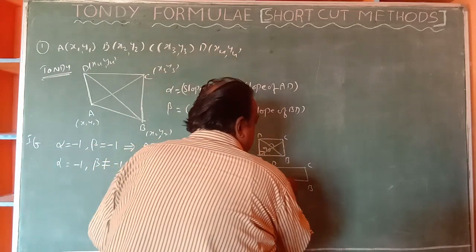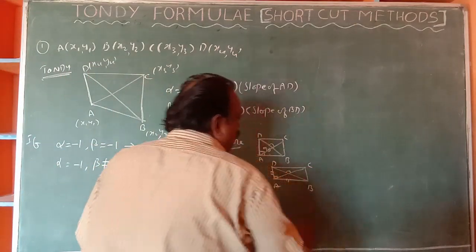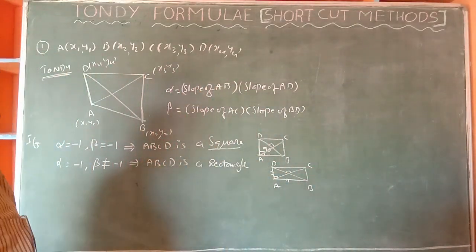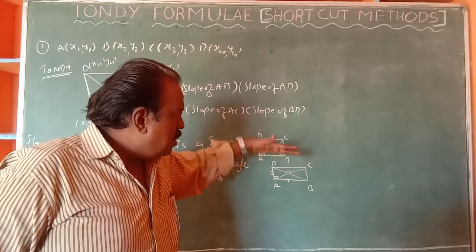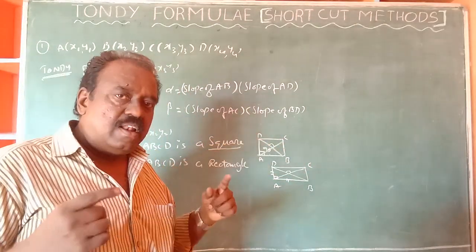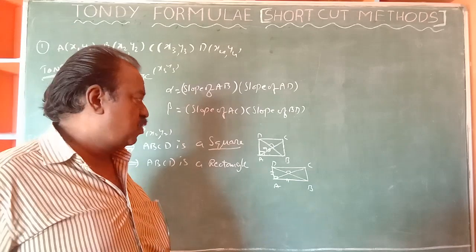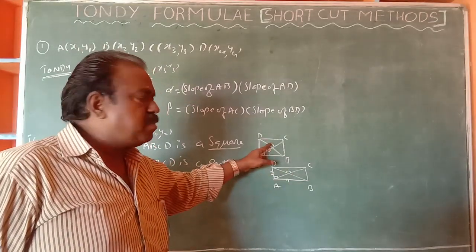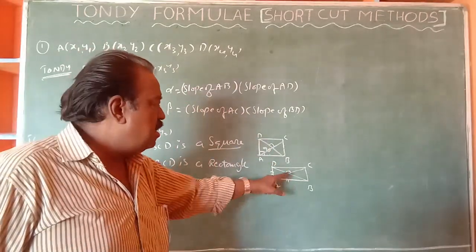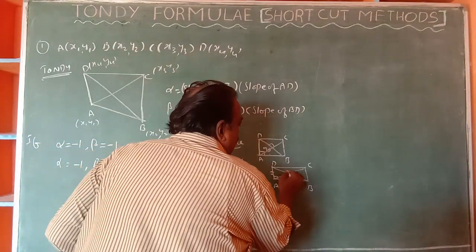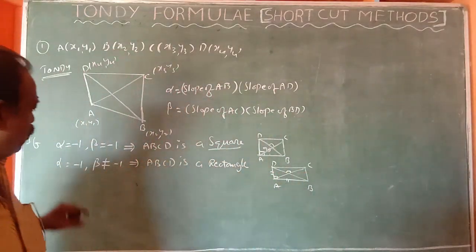AC and BD are not at right angles. If they are at right angles, it becomes a square. But here it is not 90 degrees, so it is a rectangle. So the condition is this one.